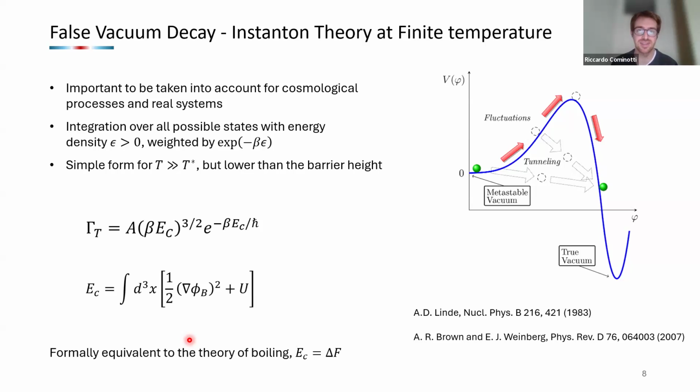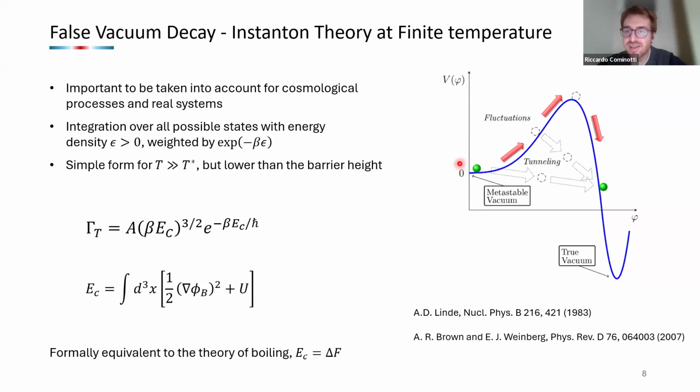The first one is because in real systems, we always have a temperature. And the second reason is that the potential itself might depend on the temperature. Actually, it was shown that the inclusion of a temperature is not very difficult.